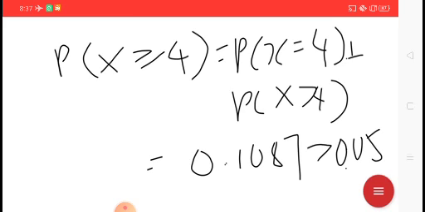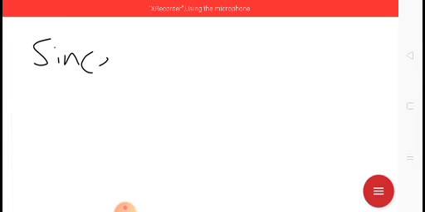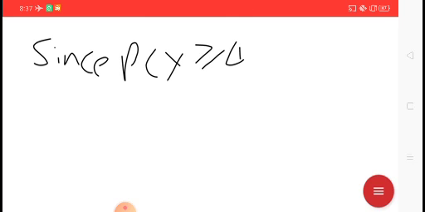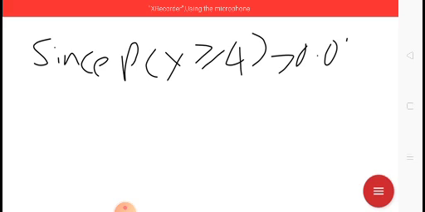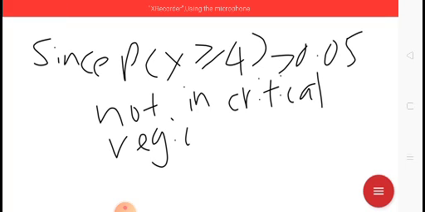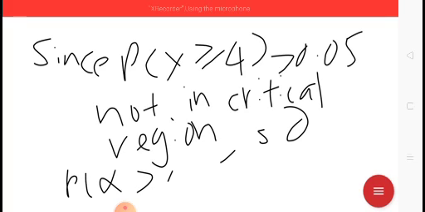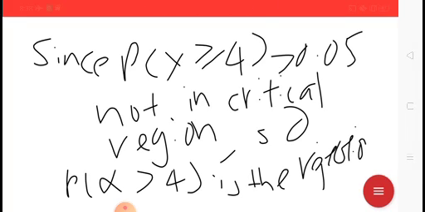So in this situation, you can say that since P(X larger than or equal to 4) is larger than 0.05, it is not in the critical region, so X larger than 4 is the rejection region.